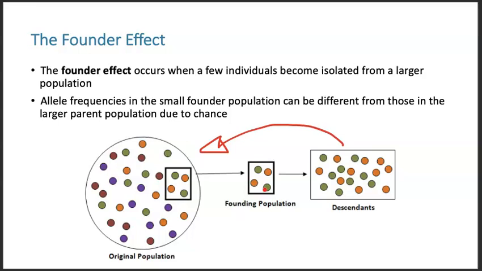Now, this is not considered migration. And that's why we don't use the word migration very much when we talk about gene flow. So I'll explain that more when we get into the subject of gene flow, just so you know. But for now, just remember that the founder effect is an example of genetic drift and not gene flow.